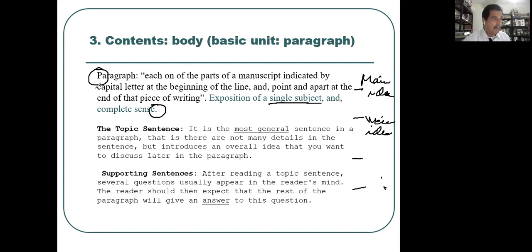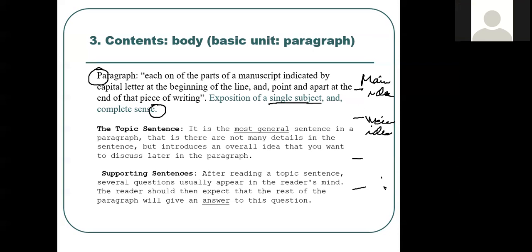So in a paragraph, you have first the topic sentence, then supporting sentences. Go on, Mr. Valles. Supporting sentences. After reading a topic sentence, several questions usually appear in the reader's mind.